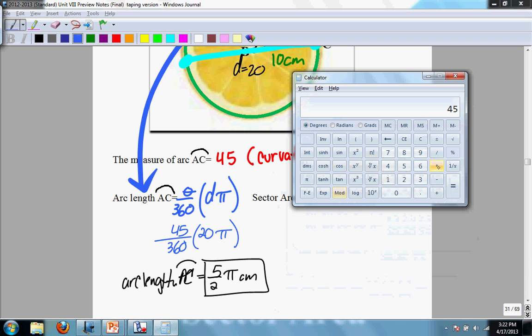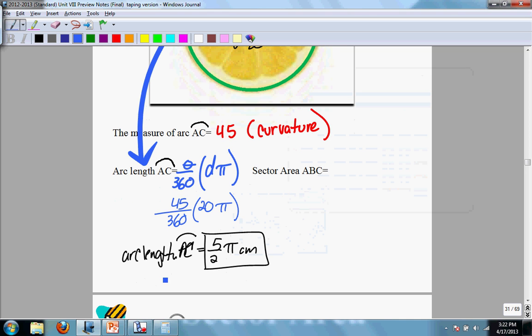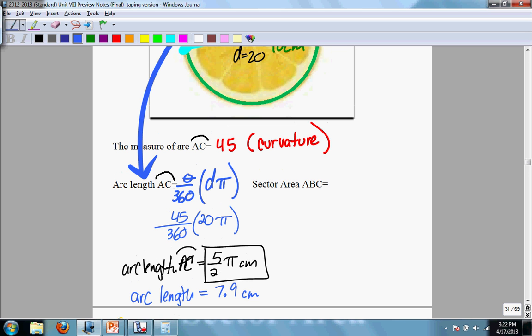So that's going to be 45 times 20 times pi equals, and then divide by 360. And that gets you the same thing. In this case, it'll be 7.9. So the arc length equals 7.9 centimeters. It's a piece of the circumference.